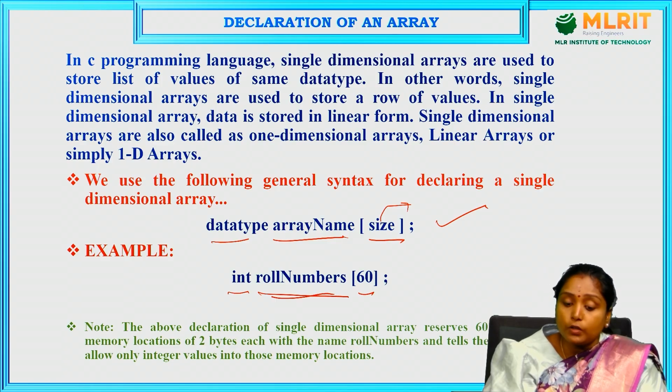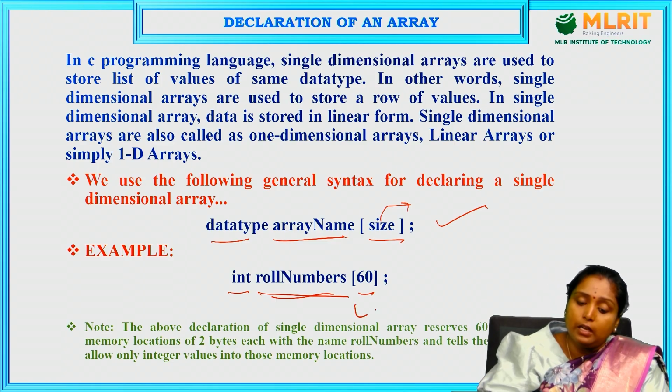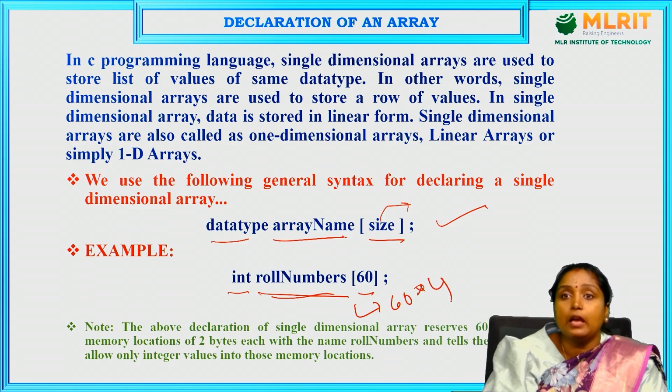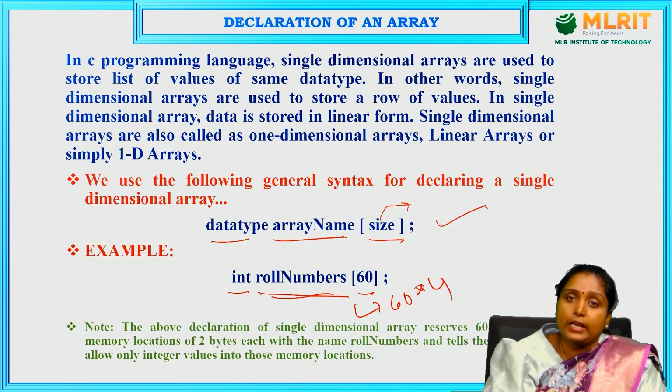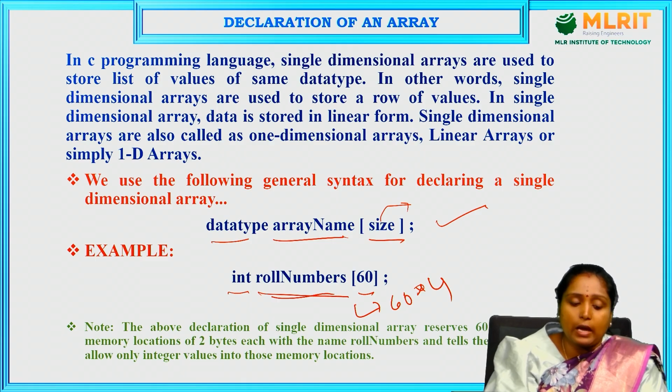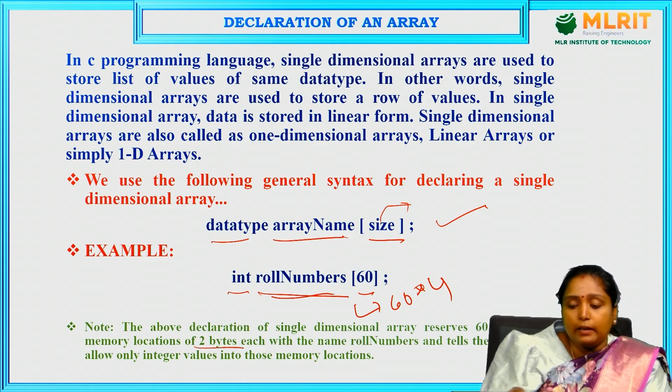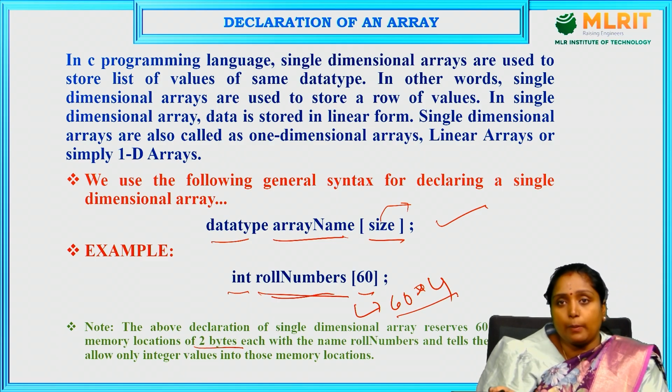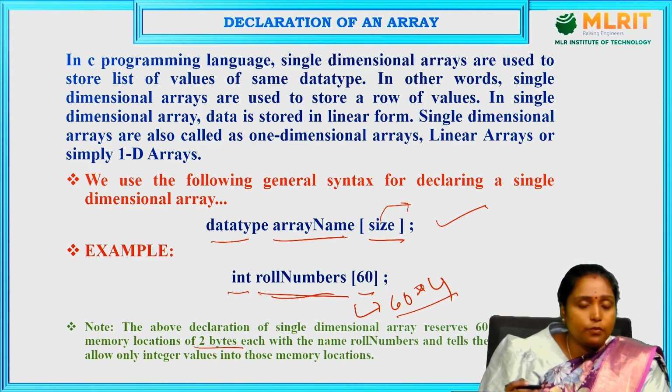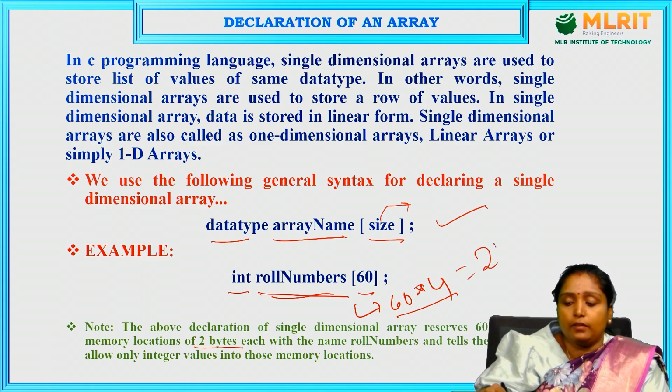How will the memory allocation happen here? 60 into 4 bytes of memory. Previously an integer was 2 bytes, but in updated compilers we have 4 bytes of memory, so it will take up to 240 bytes of memory.